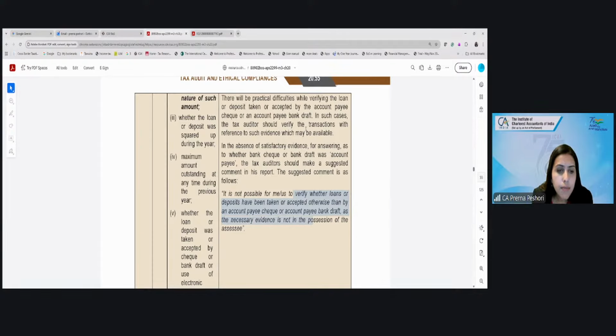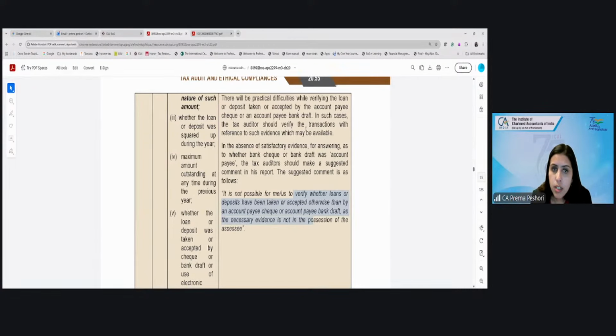Are we clear? Obviously the client would not maintain this information. So there will be practical difficulty in verifying whether the loan or deposit is taken by account payee cheque or otherwise. In that case, they will just put this particular comment over here.